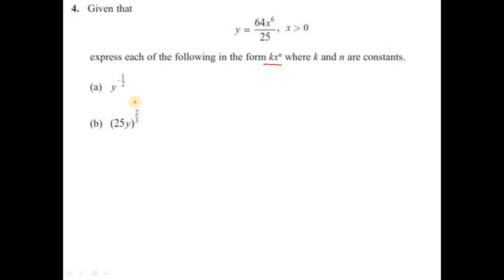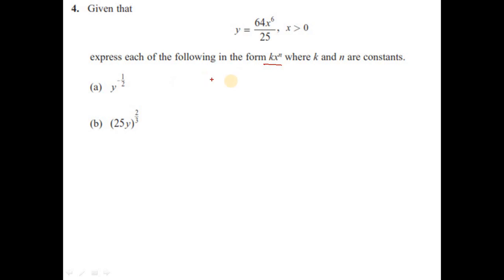It's not a difficult question. They are just checking your basic laws of algebra. So you know that you have y, and then you need to figure out y to the power minus half. So you just put power minus half on both sides.